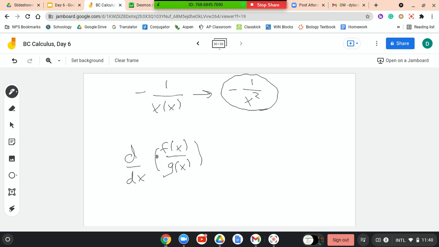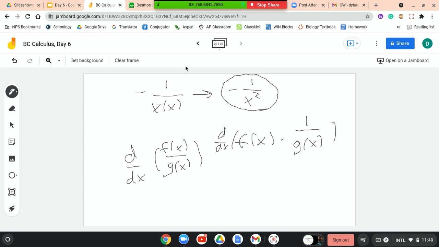All right. So I hope you agree we could rewrite f of x over g of x as f of x times 1 over g of x. Right? Yep. Cool. So then the derivative of this is the derivative of this.